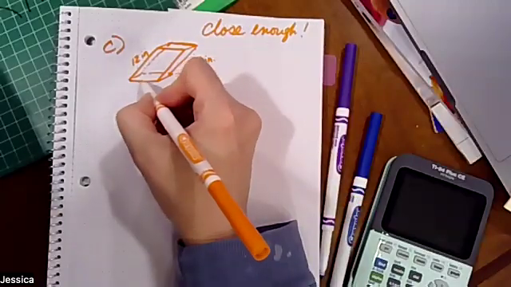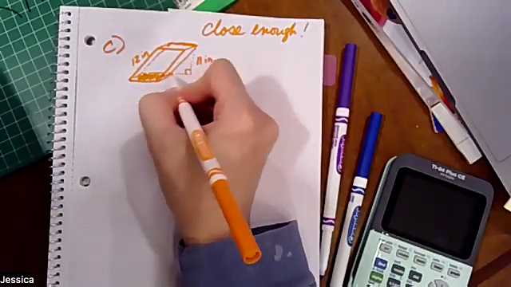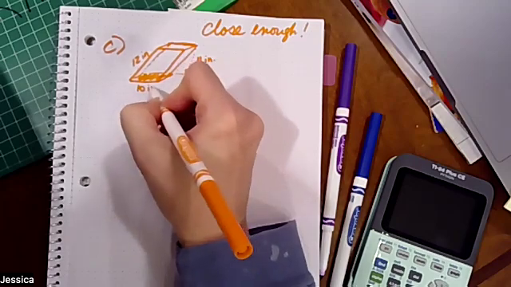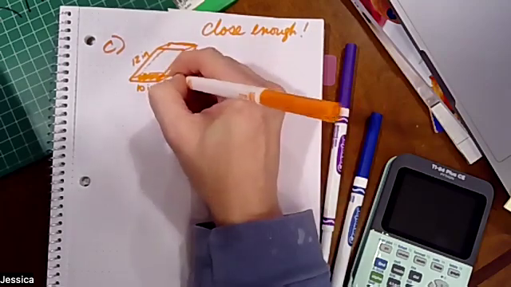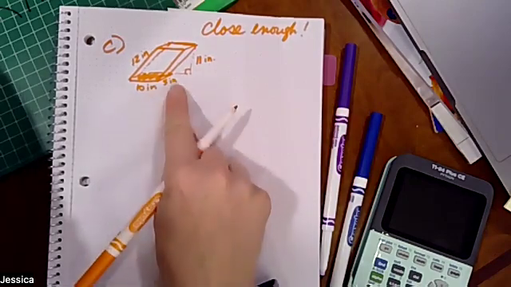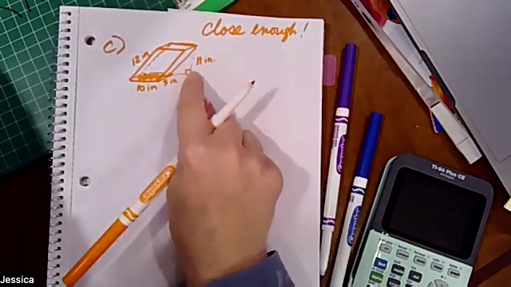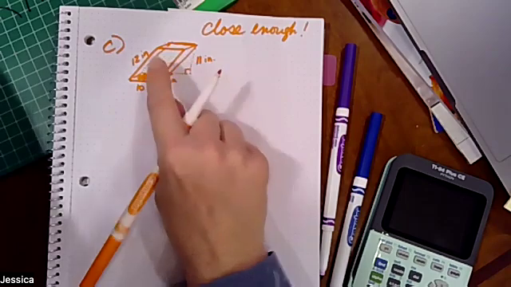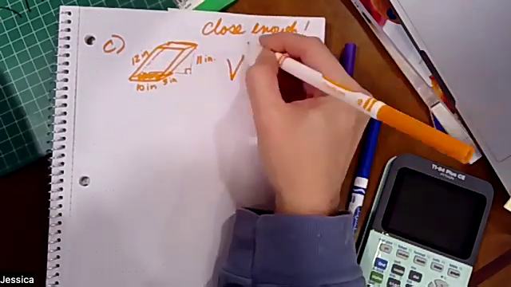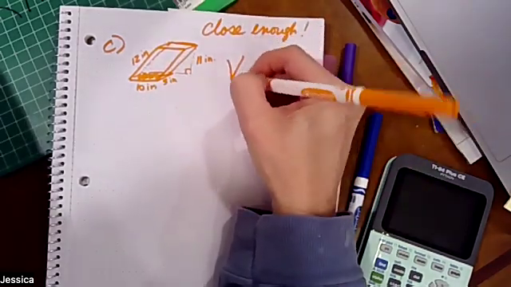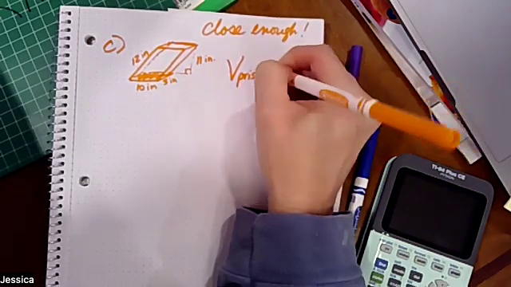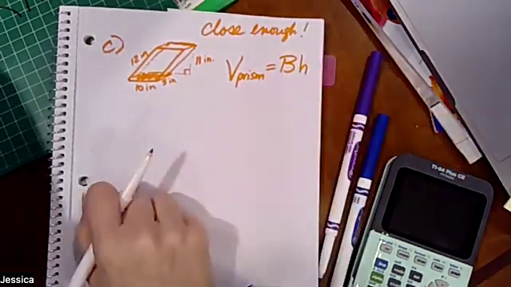But on the base here, let me fill that in. This is 10 inches, pretend this is 5 inches. 10 and 5. And now we can do this problem. So to find the volume of this box that's leaning over, this prism, remember again, it's the area of the base times the height.